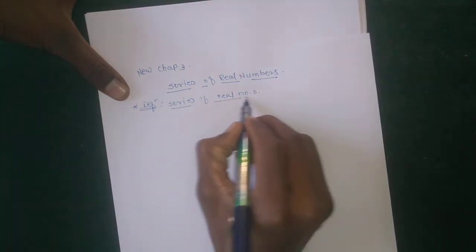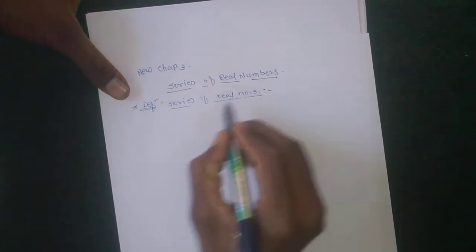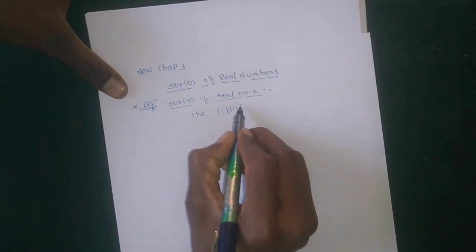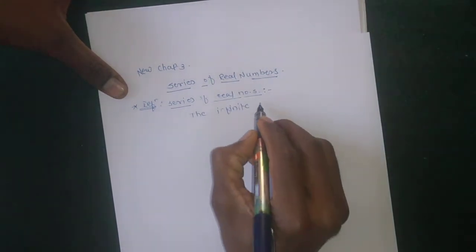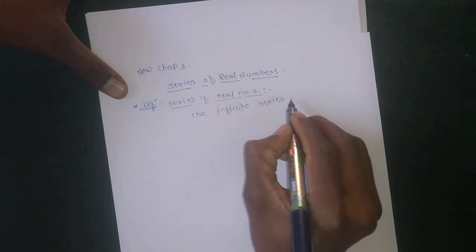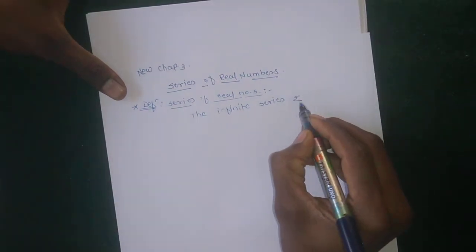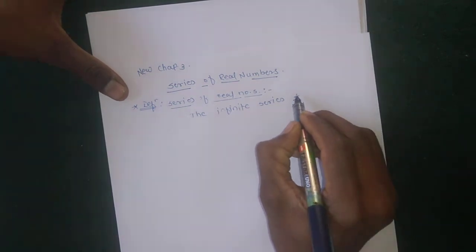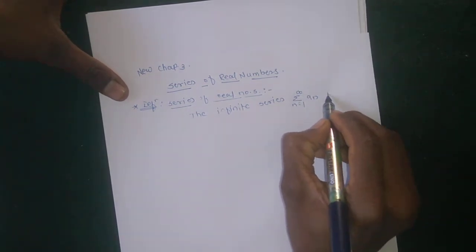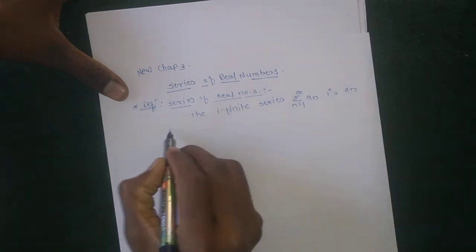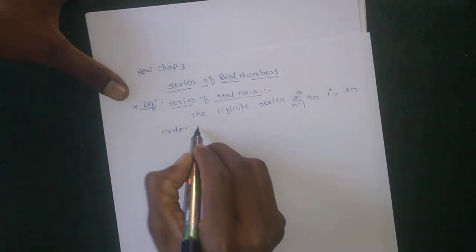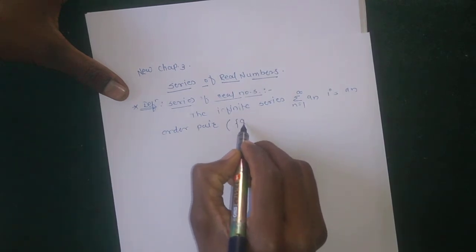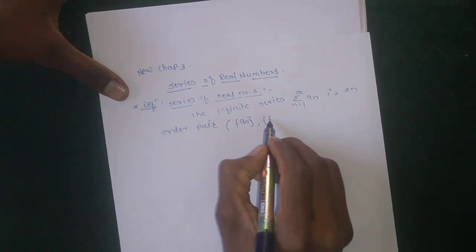A series can be written in summation form, the summation of an where n runs from 1 to infinity. It is an ordered pair of the sequence an and the sequence sn.